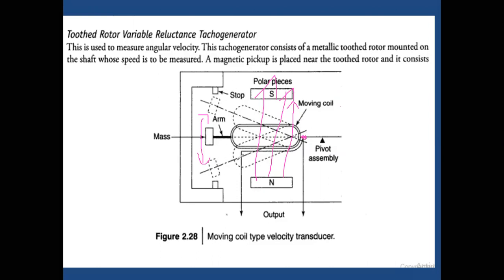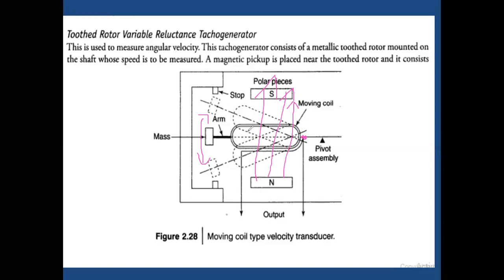Whenever we give movement to the moving coil in this magnetic field, the magnetic lines already flow from north to south in this direction.